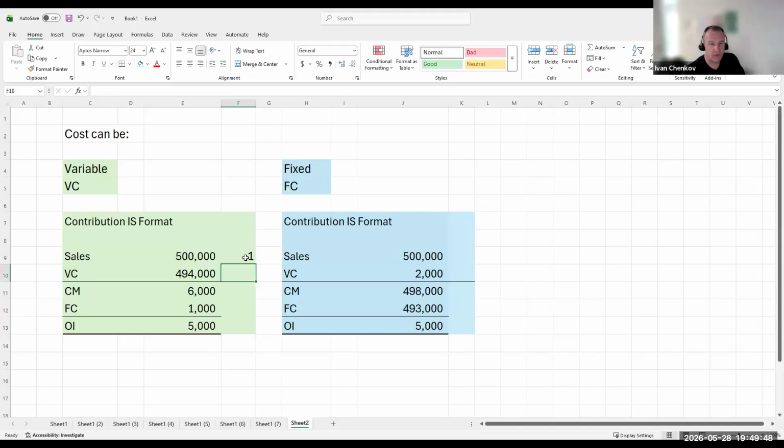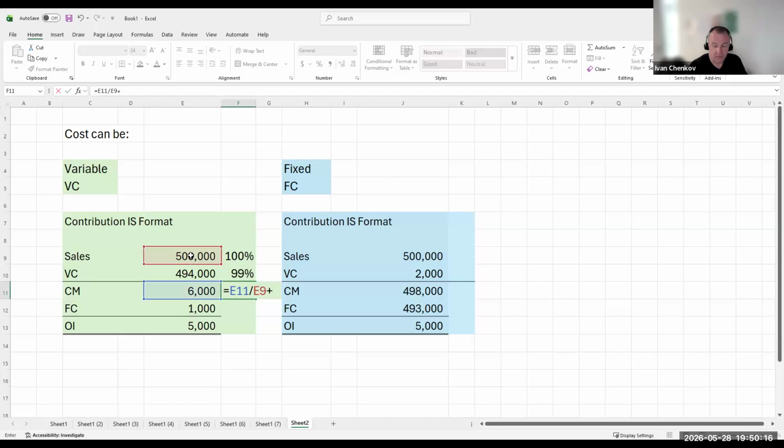As a percentage, 1 is always 100%. Now the variable cost here will be, as a percentage of sales, 99%. The contribution margin per unit that you're generating here, this is for 1 unit or any units, is obviously going to be 6 divided by 100,000, or 1%.